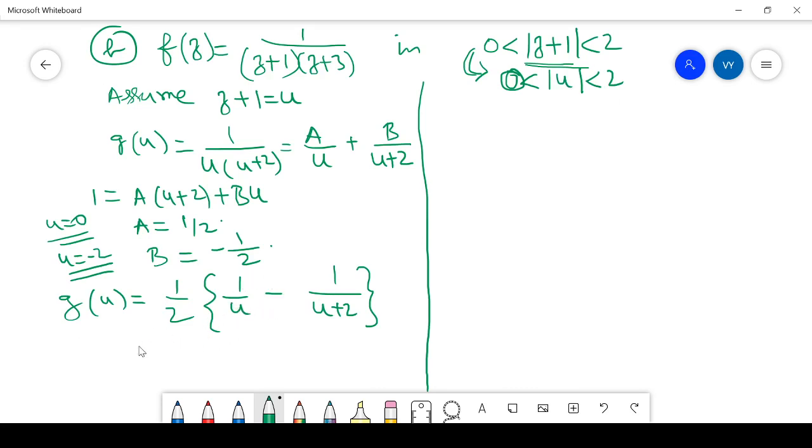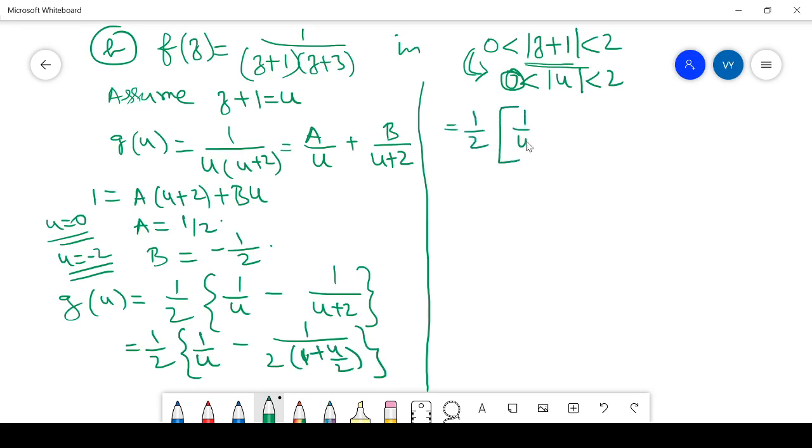So what I will do is I will retain this 1 by u as such, and in this I will remove 2 as a common factor, and I'll have 1 plus u by 2. So this turns out to be 1 by 2 times 1 by u minus 1 by 2 into (1 plus u by 2) raised to the power minus 1.